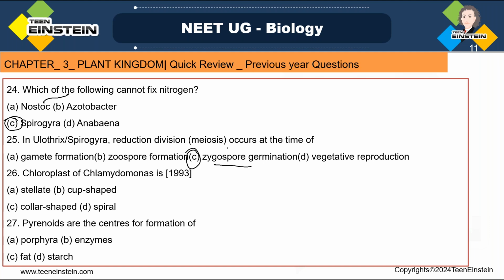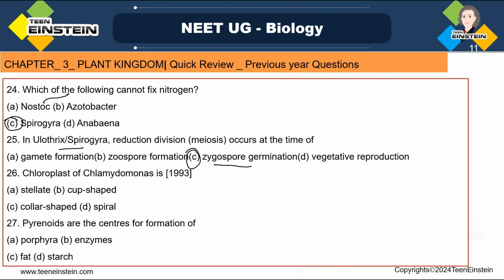They produce gametes which fuse to form the zygospore, which is diploid, a resting spore. Under favorable conditions, the zygospore undergoes meiosis and produces zoospores, which give rise to new plants. We have discussed Spirogyra and Ulothrix while learning about algae.